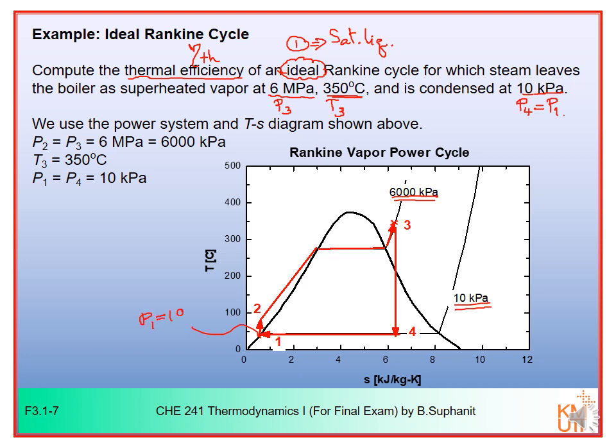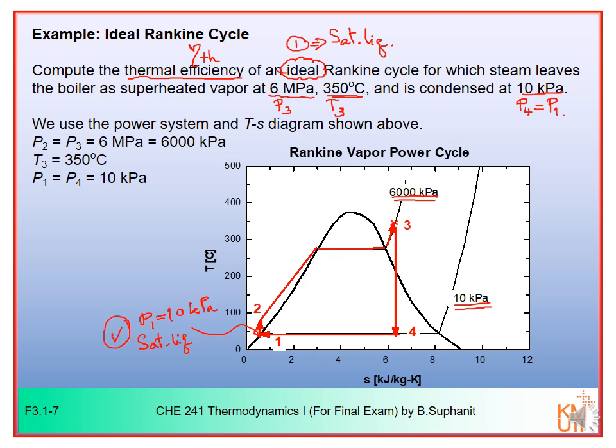P1 equal to 10 kilopascal. And you also know that at point number 1, it is sat liquid. So it means that you have two pieces of information now. In this case, you can go to the sat steam table to look for other properties. Look for the enthalpy values. Okay. Look for the sat temperature value as well. So number 1 is fully defined.